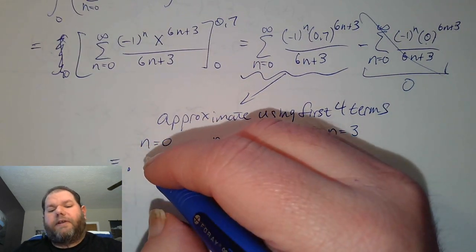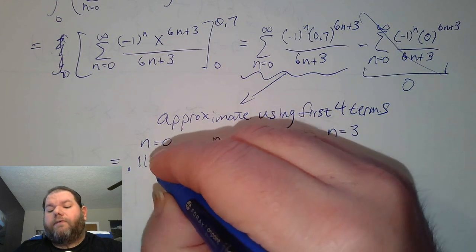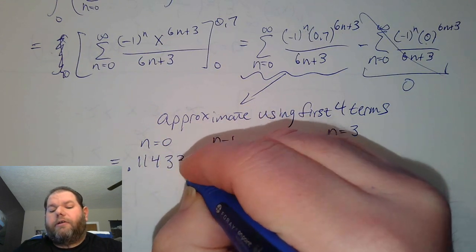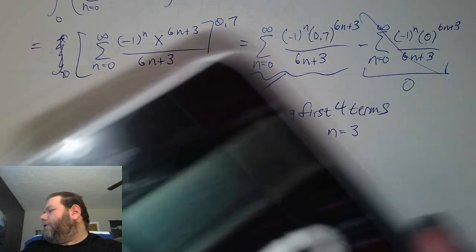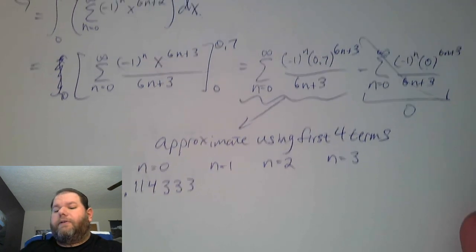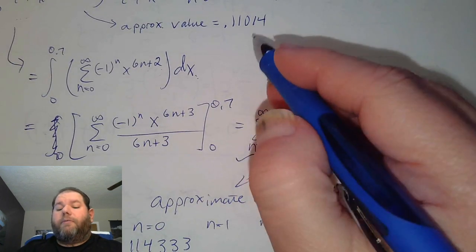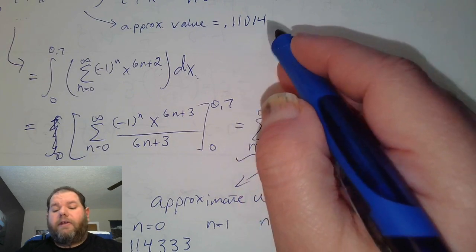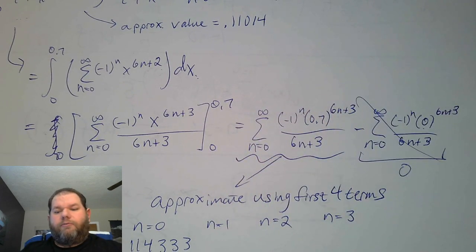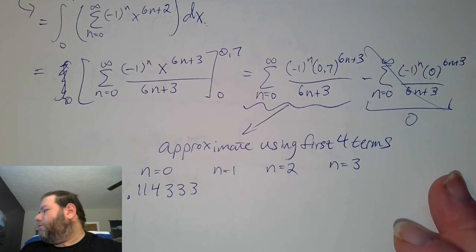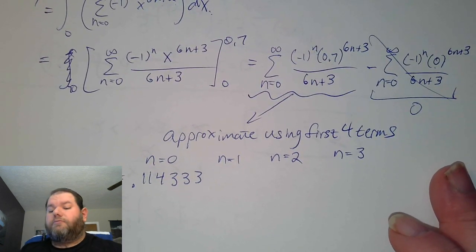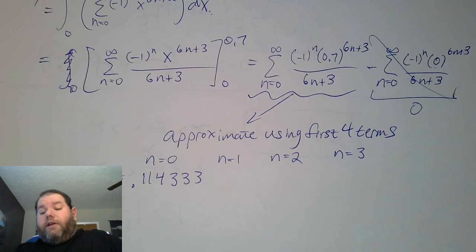I'll go to 6 decimal places here. The reason I want to go to 6 decimal places is I've given the approximate value to 5 places, so we'll go 1 place further and then we'll be able to compare from there.